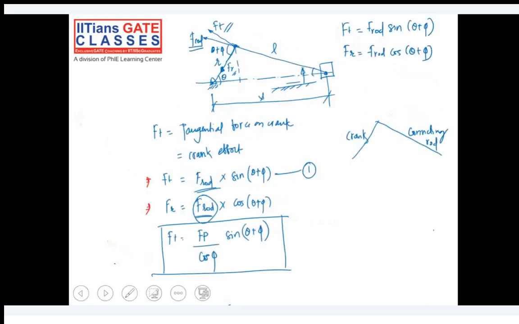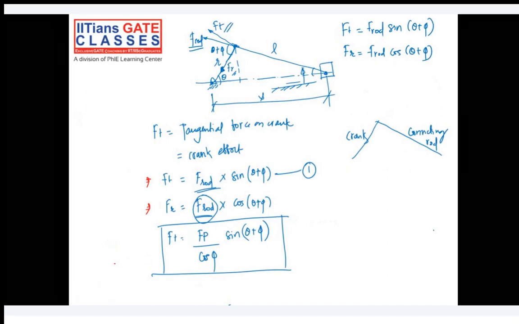So we have written how much tangential force the crank can feel, given the force faced by the piston. This Ft is a tangential force and it will create a turning moment.